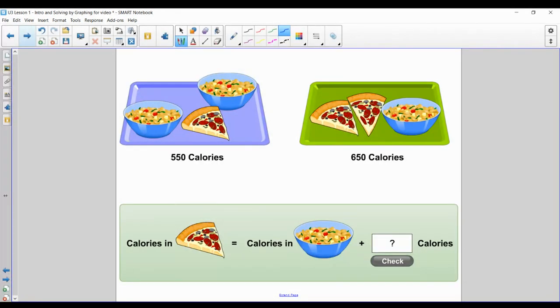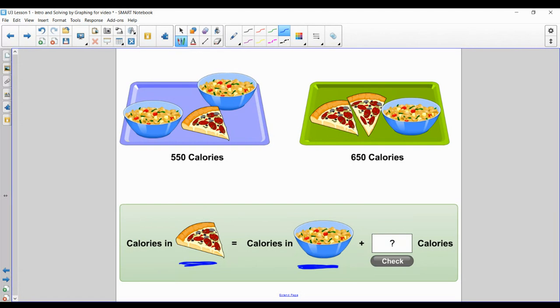If I look at this one, now we're looking at some food and how many calories it adds up to. Okay, so look at this. We know a couple of things, right? We want to know how many calories in one pizza and one bowl of snacks, what their total is.